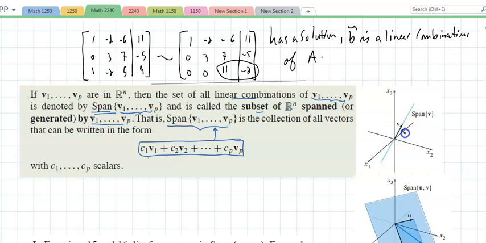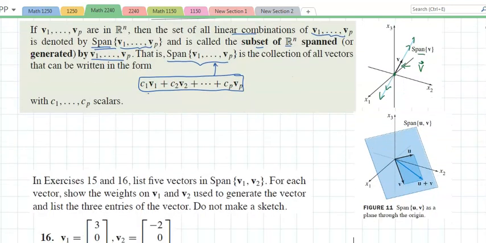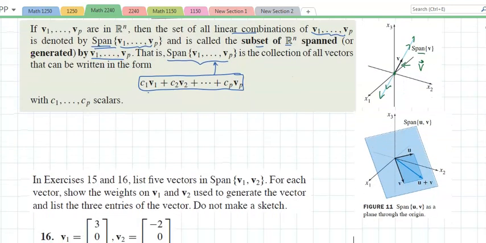I could give you a line span is easy. Take that line right there, V, and any multiple of that, 0, if you multiply it by 2, by 3, by negative 1, by negative 2, as long as you are on that line, you are in the span of that line. If you go to 2 dimensions, that becomes a bit trickier. Now, if you take U and V, they span this plane, which means any vector on this plane can be written as a multiple of those.